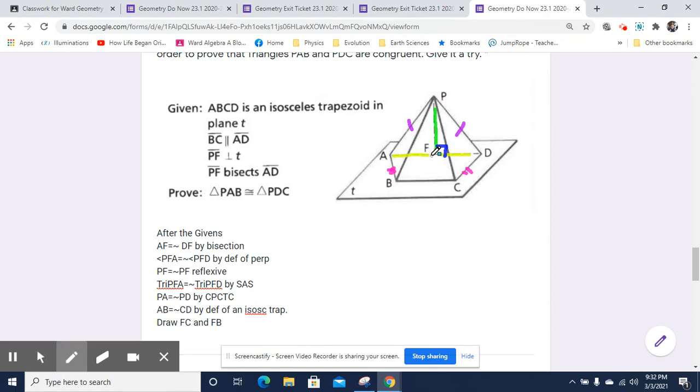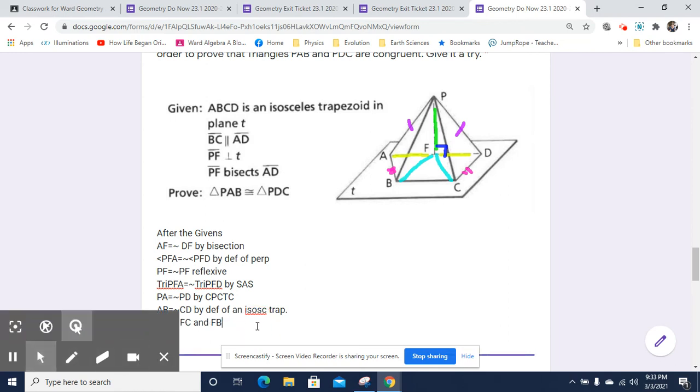I've got to draw this one and draw this one. Now you might notice I've set up the triangles PFC and PFB, which, if we can prove those are congruent, then we can prove PB and PC are congruent. And then we'll have enough to prove that PCD and PBA are congruent, which is what we're trying to do. Okay, so let's do that.